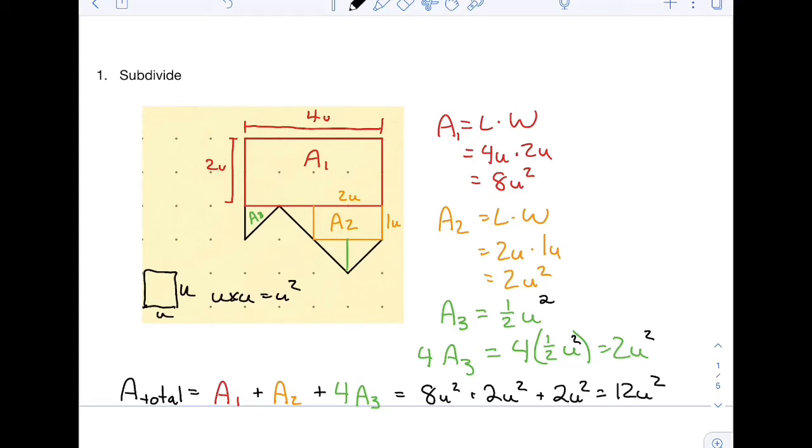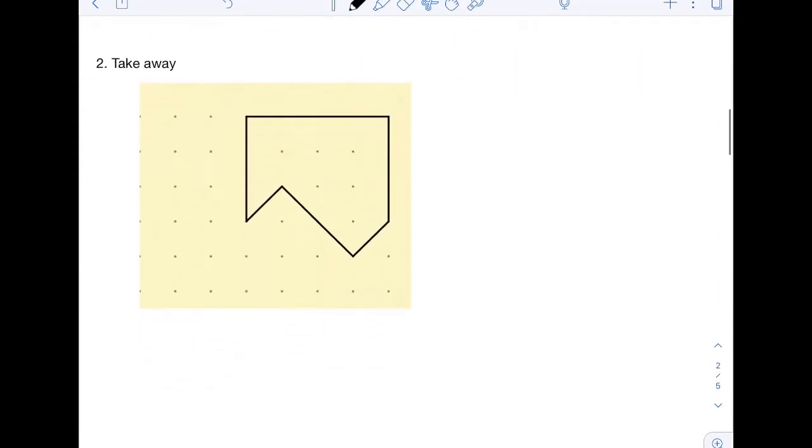Let's do this with another strategy. Let's use a takeaway strategy next. What I'm going to do here is surround my given shape with a shape that I know the area of. So I'm going to surround this with a rectangle. My total area comes from the sum of the area of the original shape plus the area of the new regions that I added in.